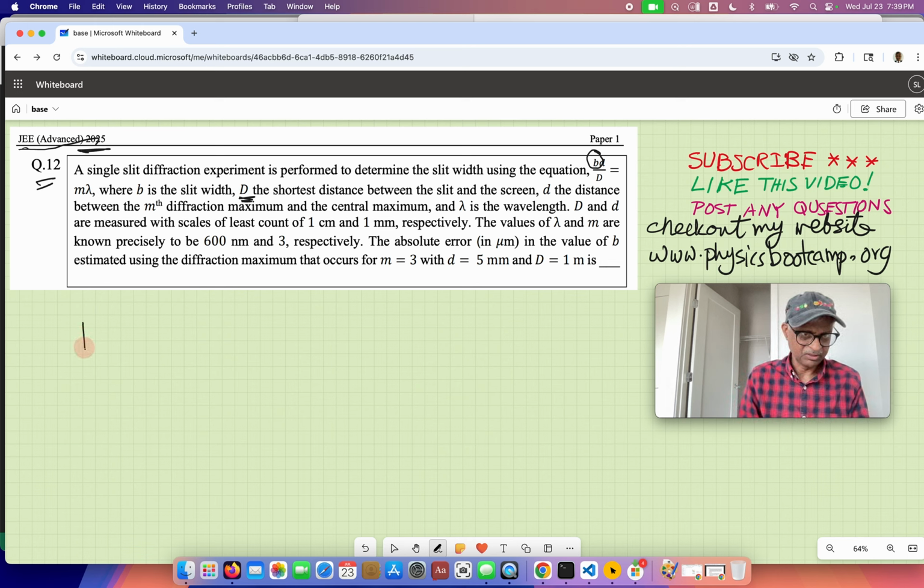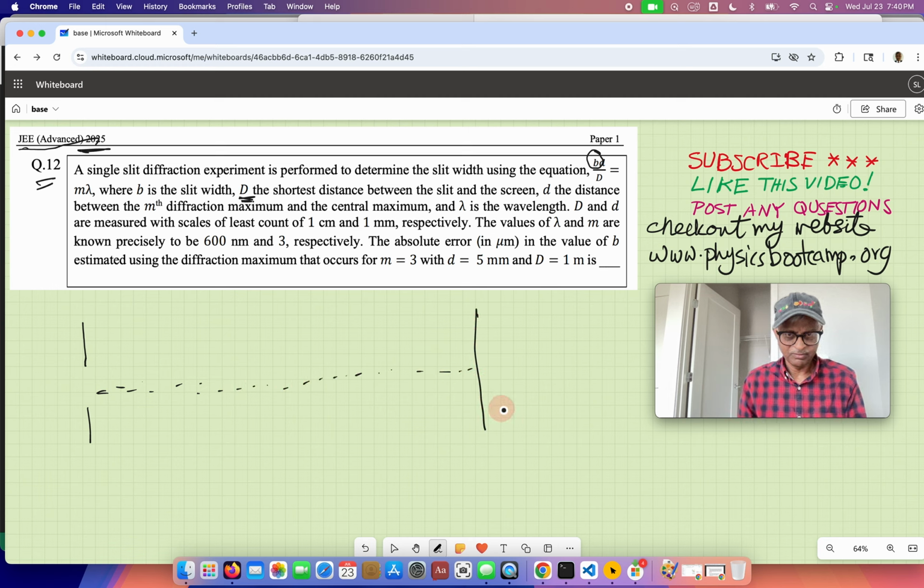Let's put the arrangement. Here is the screen. This is capital D. This is B.